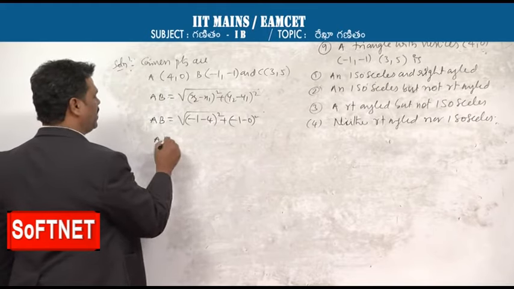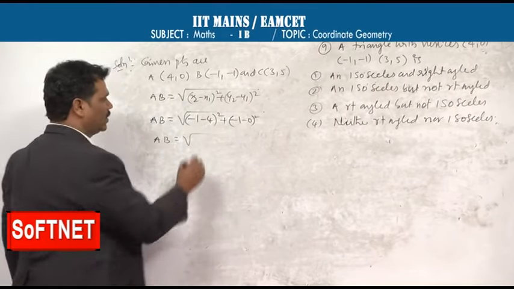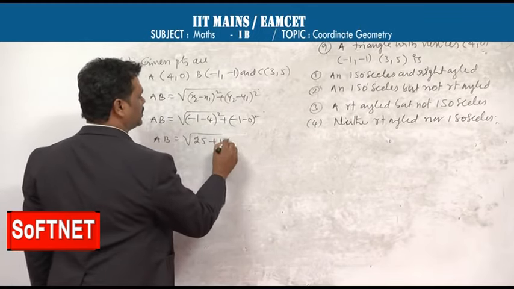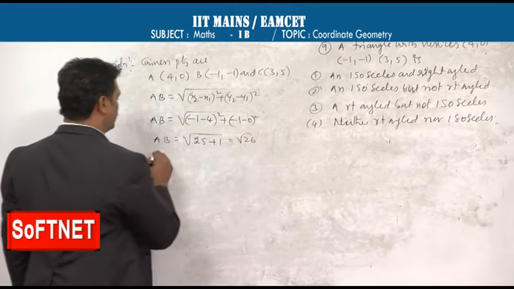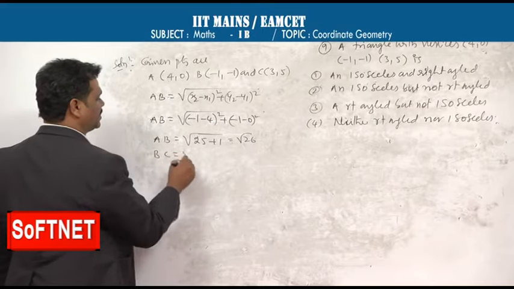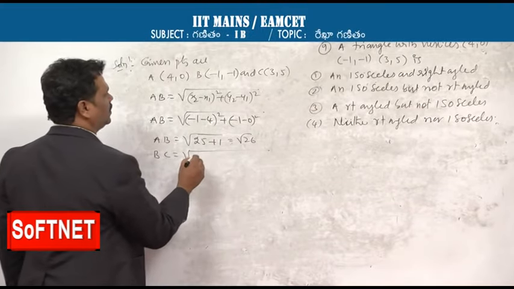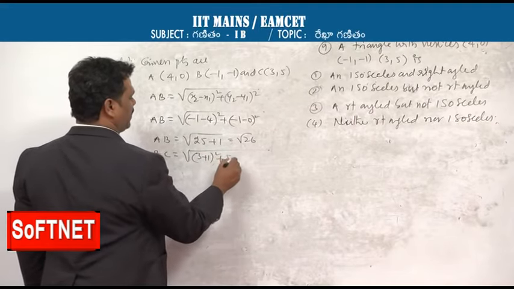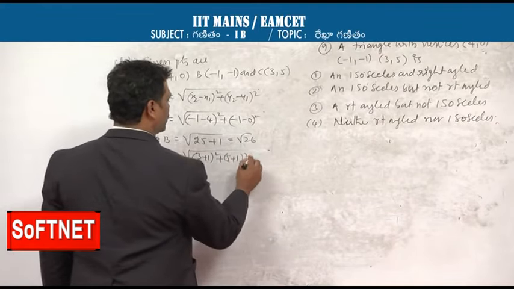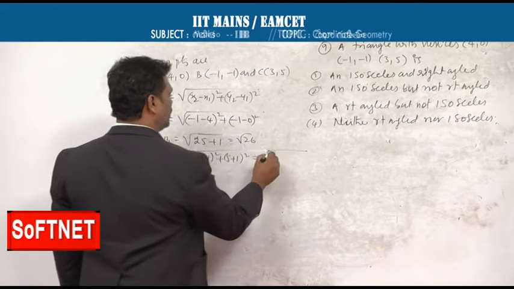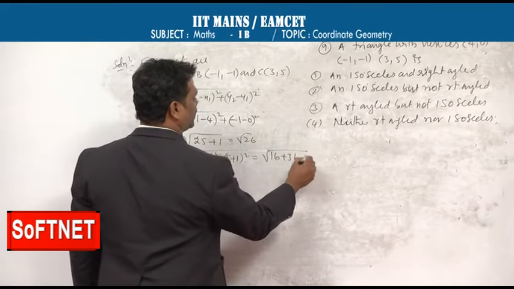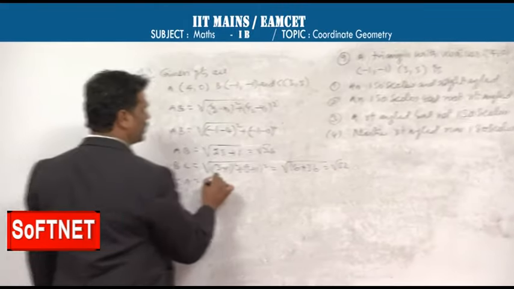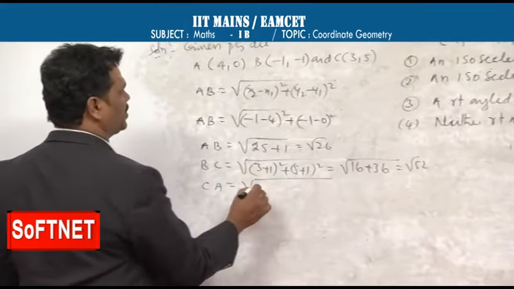So here AB equal to under root of 25 plus 1, it is root 26. So here BC distance is under root of 3 plus 1 whole square plus 5 plus 1 whole square equal to 16 plus 36, equal to root 52. So here the CA distance equal to under root of, what is the CA distance?